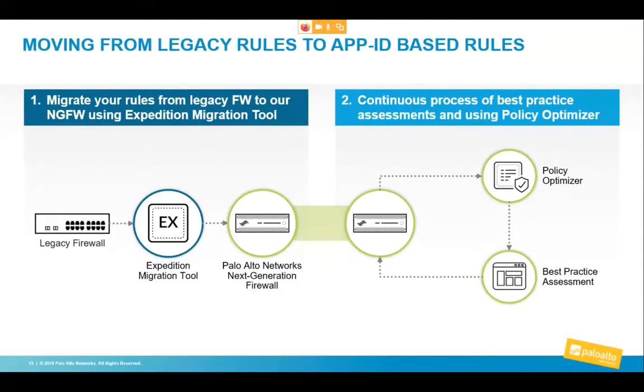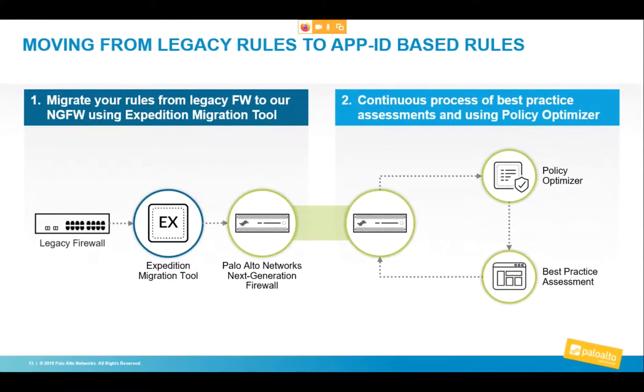Expedition is a very powerful tool that can convert these rules into a language that Palo Alto Networks NGFW understands, which can really reduce the time of the migration and make the project much shorter.